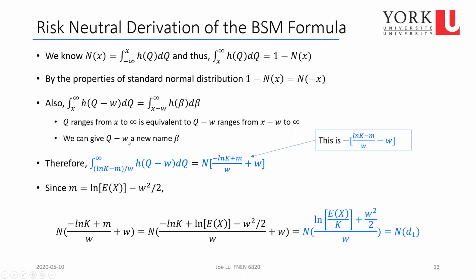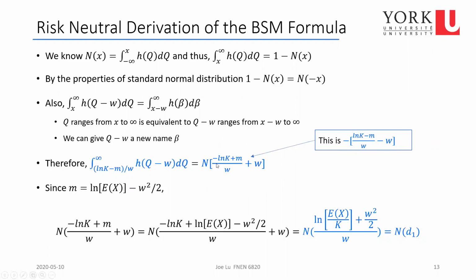So if x minus W, the new x is this thing here. Or in this case, we have changed the variable to beta. So beta is the new x. So beta is this, minus beta is this part here. If you rearrange minus of this thing, it's just what we have in the bracket here.